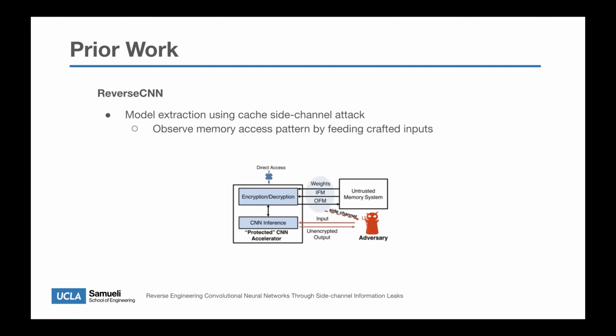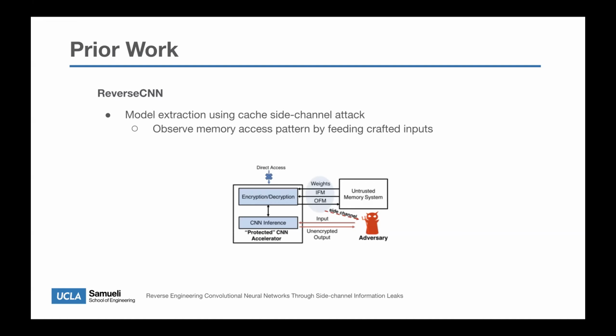What they do is simply treat the device as a black box, and just measure the memory access patterns by feeding inputs. It's a very basic attack, simply observing the outputs. And they've only tried it on hardware accelerators, so in this case, just FPGAs.